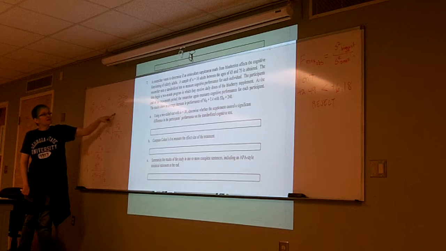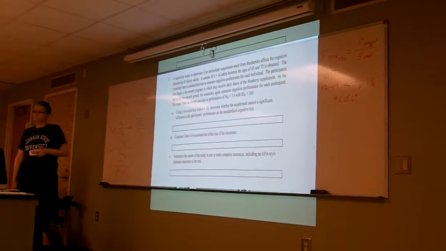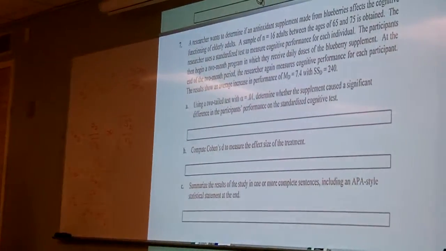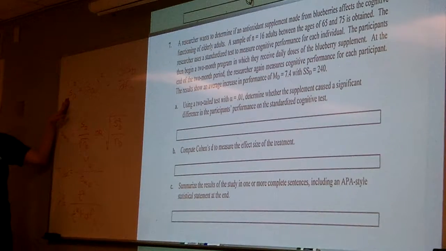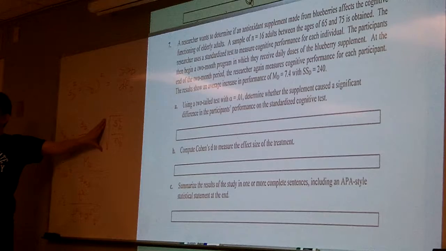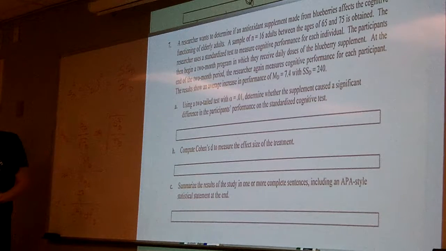So 240 divided by 15 is what? 16. Okay. So now that I know my sample variance of the difference is 16, I can use this version of the formula. So that's going to be 16 over 16, which means that my internal value here is 1, and the square root of 1 is 1.